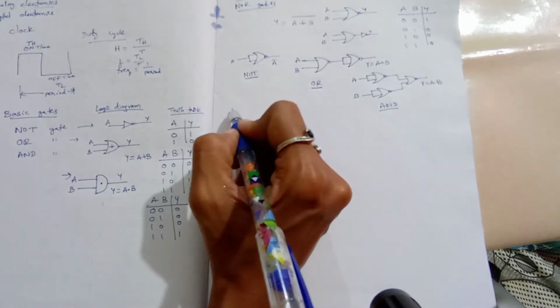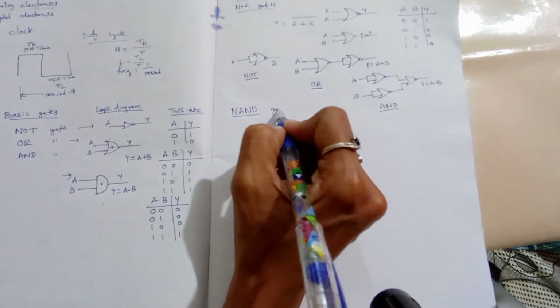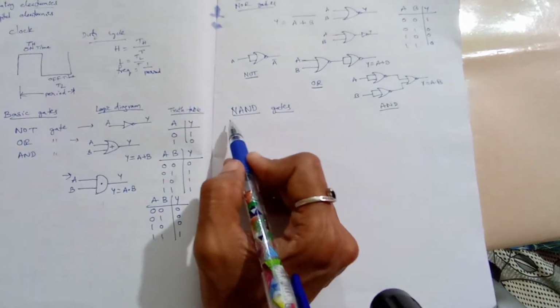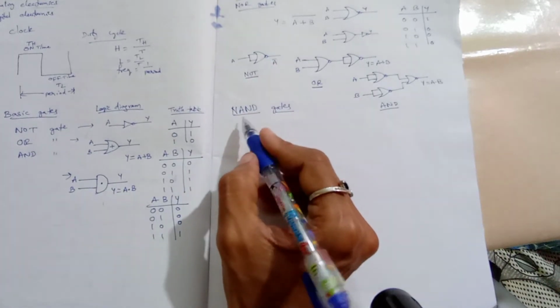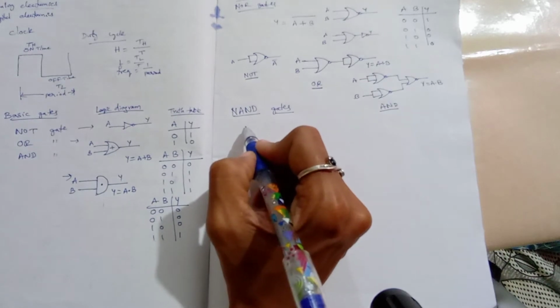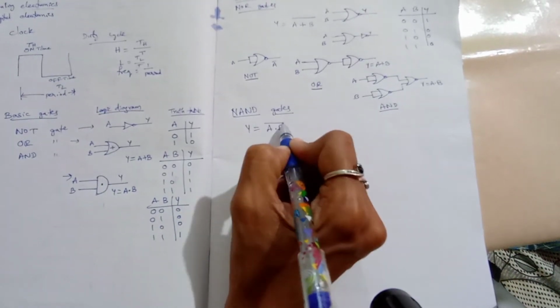Same as NAND gate. NAND gate is also said to be universal gate, and we can construct all the basic gates by using this NAND gate. Same procedure. Okay, you can do this. We'll see what is NAND gate. That is Y is equal to A dot B whole bar.